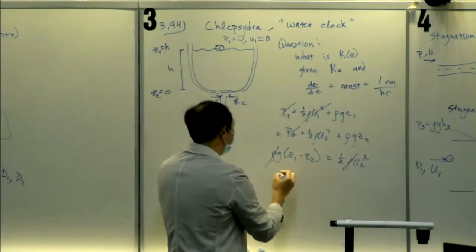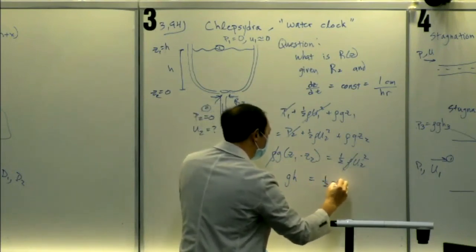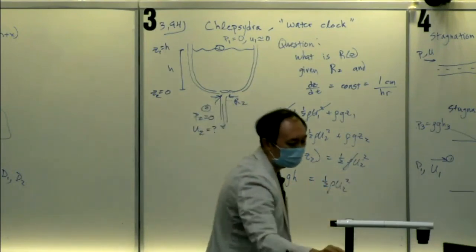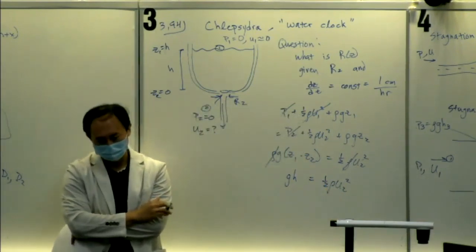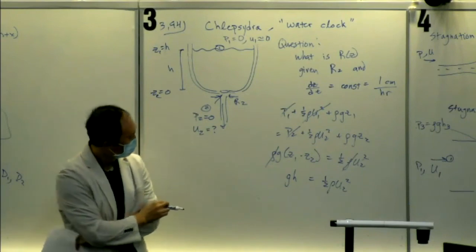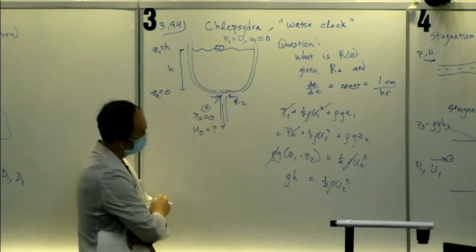Z1 minus Z2 is H minus 0, so we got rho G H is equal to 1/2 rho U2 squared. So we made some progress. We've shown that, like the siphon problem, the speed of exiting the stuff is dictated purely by the height.